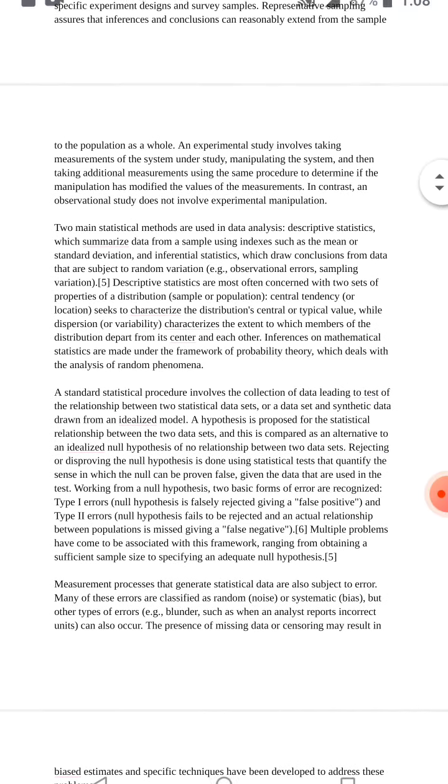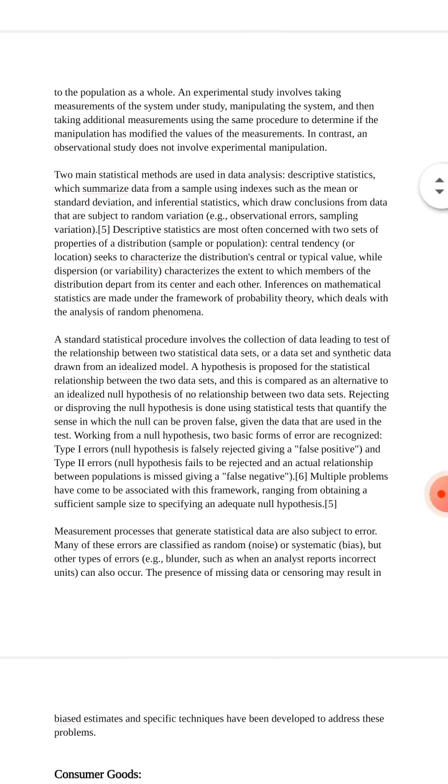An experimental study involves taking measurements of the system under study, manipulating the system, and then taking additional measurements using the same procedure to determine if the manipulation has modified the value of the measurements. In contrast, an observational study does not involve experimental manipulation.